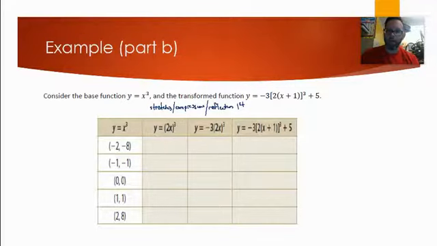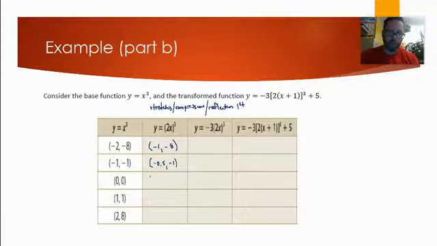So all we're doing now is applying that horizontal compression. That 2 in front of the x indicates it's going to be a horizontal compression. So we're going to take the x values, and to compress them by a factor of 1 over 2, we just multiply by 1 over 2. So we have -1, -8, -0.5, -1.